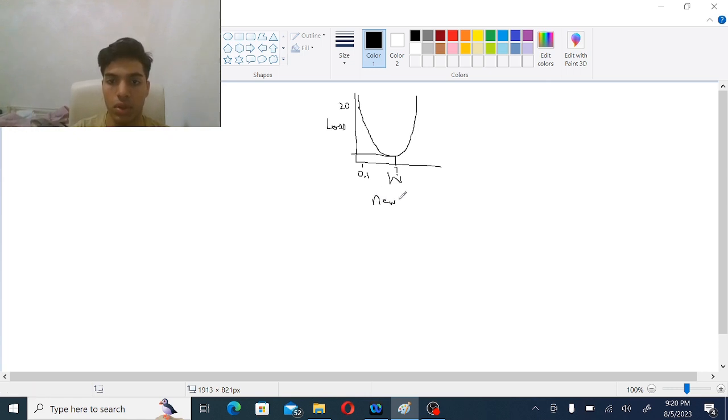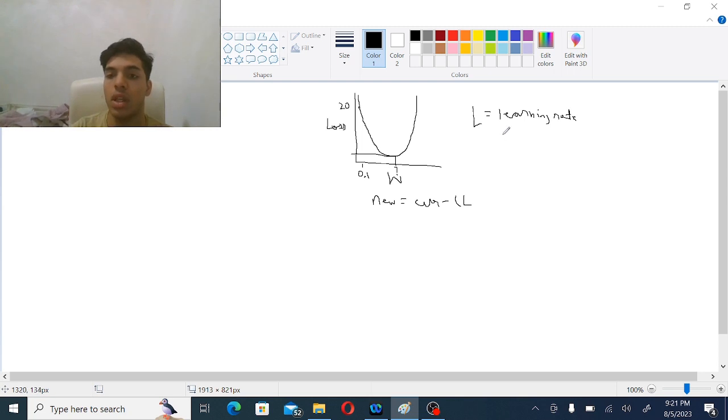The new value of our parameter is equal to the old, or current, value of the parameter w minus L. L, the capital L, is simply the learning rate, which is a constant value that determines how fast the learning process takes place.